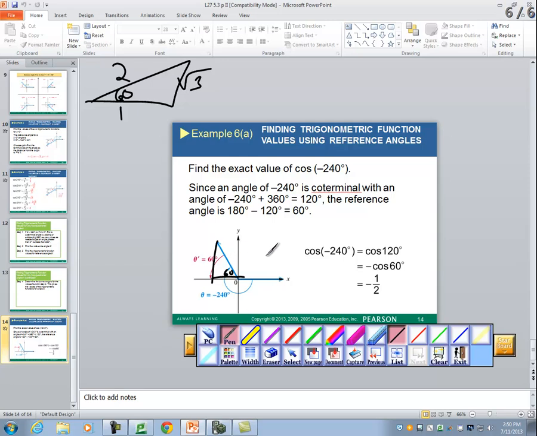Or no, that's the other way. Square root 3. This is negative, positive. So for cosine, that would be negative 1/2. And there it is.